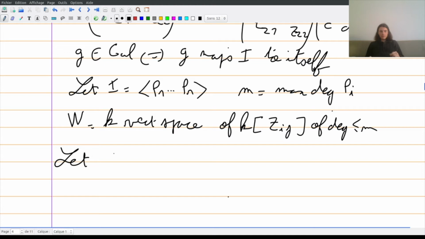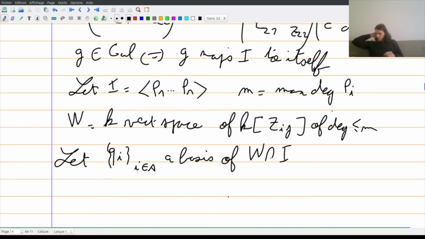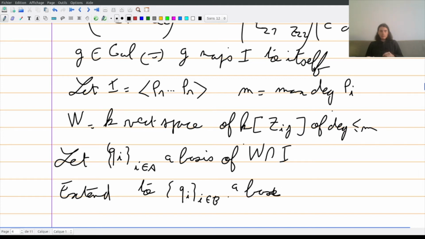And let Qi be a basis of this vector space that we intersect with the ideal, and I extend it to a basis of W.